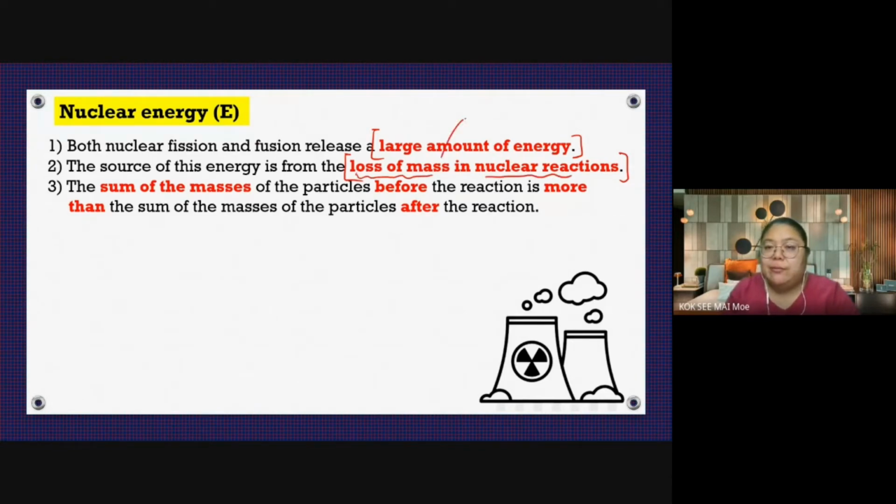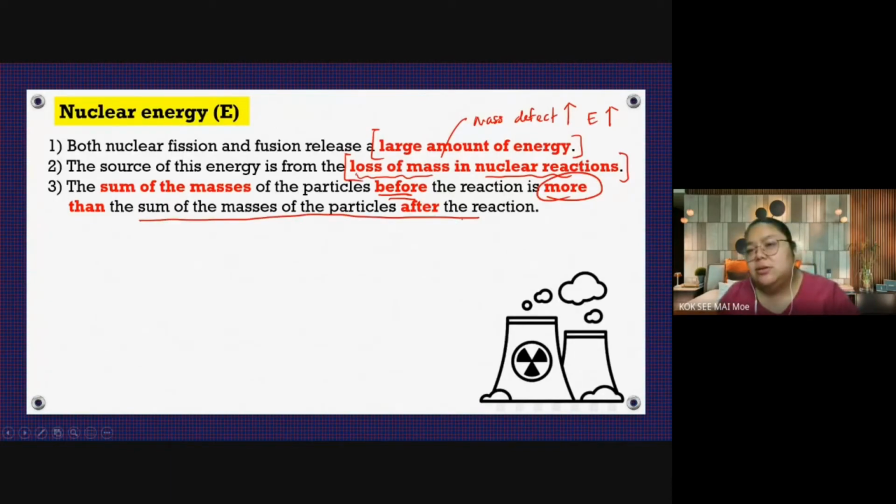That means it comes from the mass defect we just found. If the mass defect is high, that means your nuclear energy also must increase, directly proportional. So the sum of the masses of the particles before the reaction is more than after the reaction.